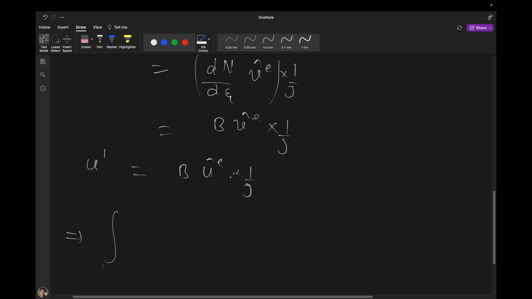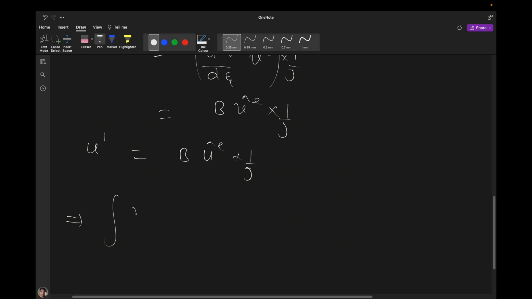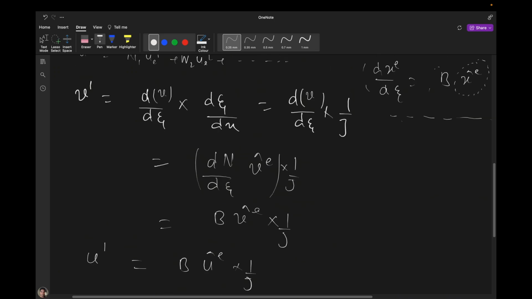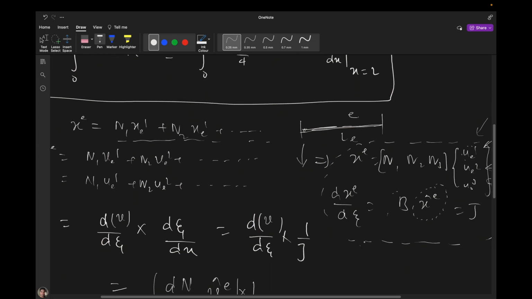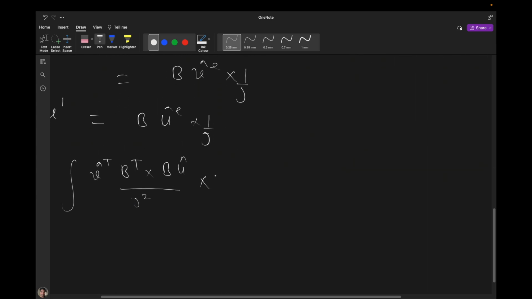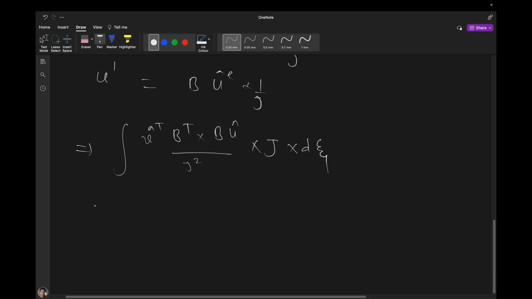So I will write it like this: this part into B u and J times 2, there are 2 times J, so that will be J square, into, here we are changing the variable, so dx we can write as J times d zeta. So this will be your stiffness matrix.